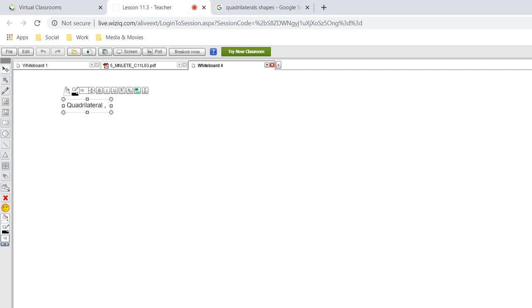Quadrilateral then rhombus? Yes, Firas, excellent. Thank you, Firas. Trapezoid. And then after trapezoid, parallelogram. Excellent.